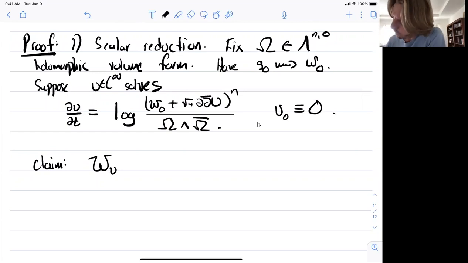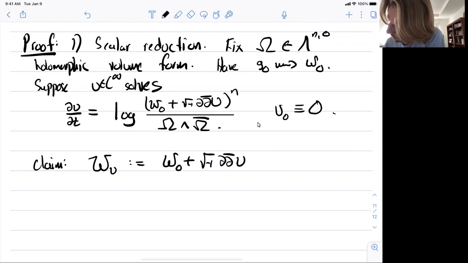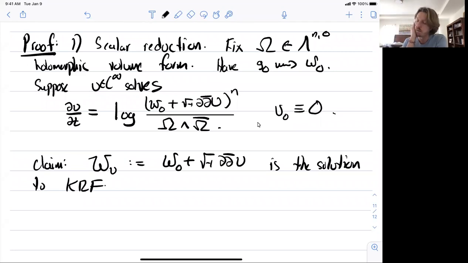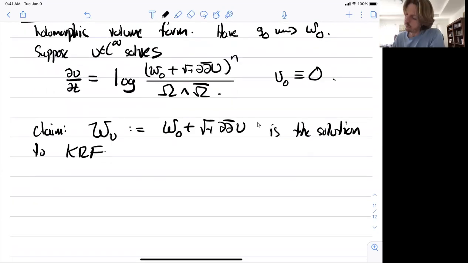So the claim is that omega u, which by definition is this metric which appeared in the numerator there, is the solution to Kähler-Ricci flow. Let me carry this out again, even though it's a very simple calculation, because we'll see some related, slightly less trivial calculations in the generalized Kähler case to come.